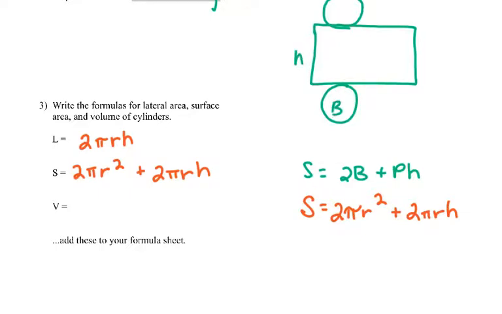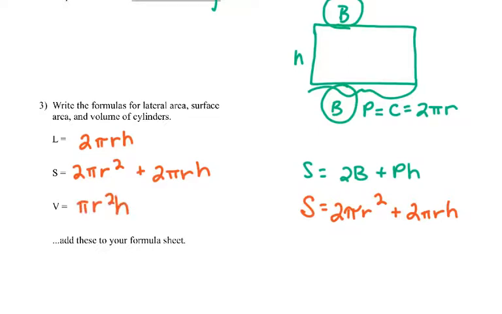This is the area of the base, and this length right here is the perimeter, but that's also known as circumference, which is 2 pi r of that base. So the volume is going to be the area of your base, pi r squared, just one circle, times the height of your solid.